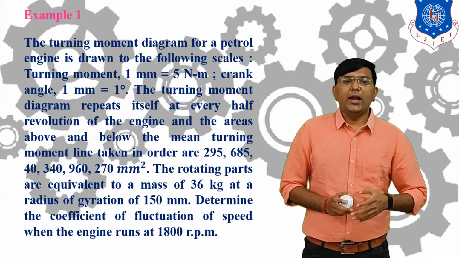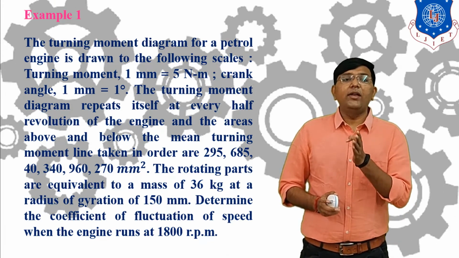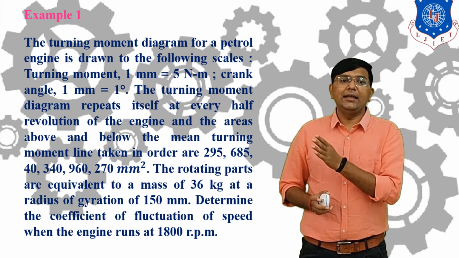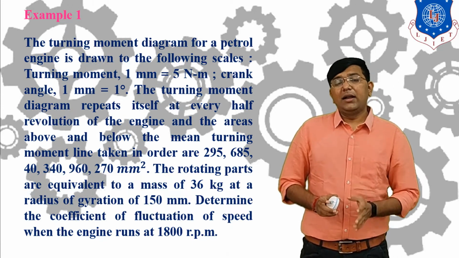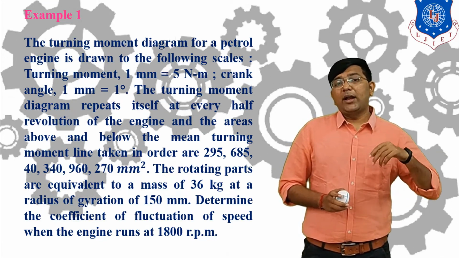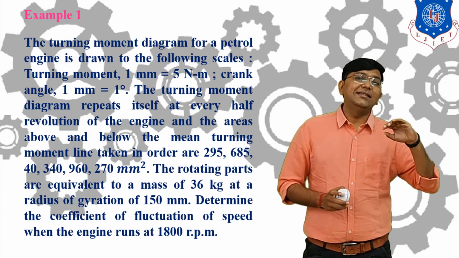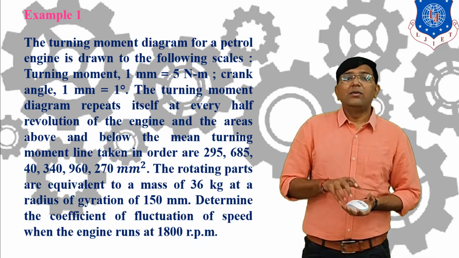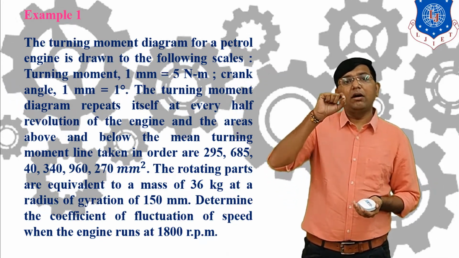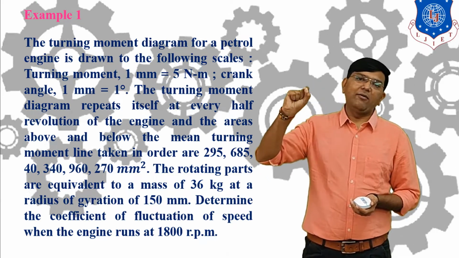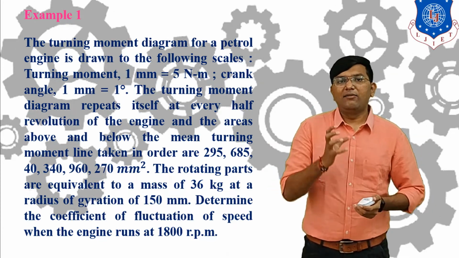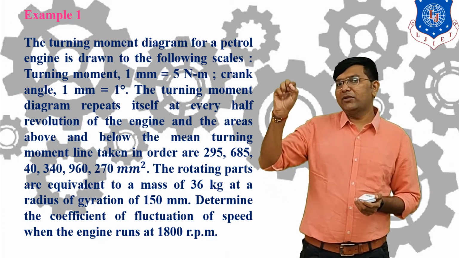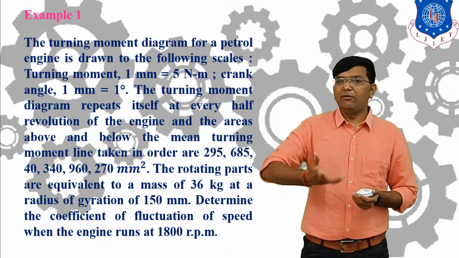The turning moment diagram repeats itself every half revolution of the engine, and the areas above and below the mean turning moment line are given. You all know the turning moment diagram for a multi-cylinder engine is in the form of a sine wave, meaning we have continuously one positive cycle and one negative cycle. A positive cycle indicates the flywheel gains some power, and a negative cycle indicates we have to deliver some power.